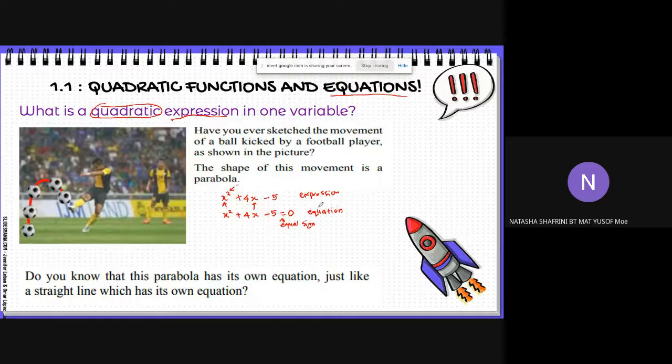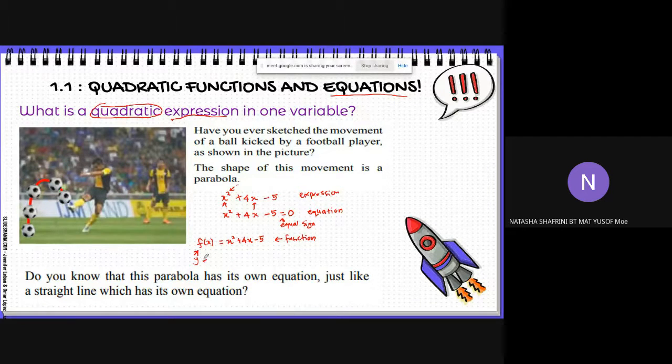Okay, then how about the function? Okay, function, if I have x squared, same terms, all terms same as above, but now I put fx. Okay, so this is what we call as function. Function apa? Function fx. Okay, function also can be represented by using the word y.